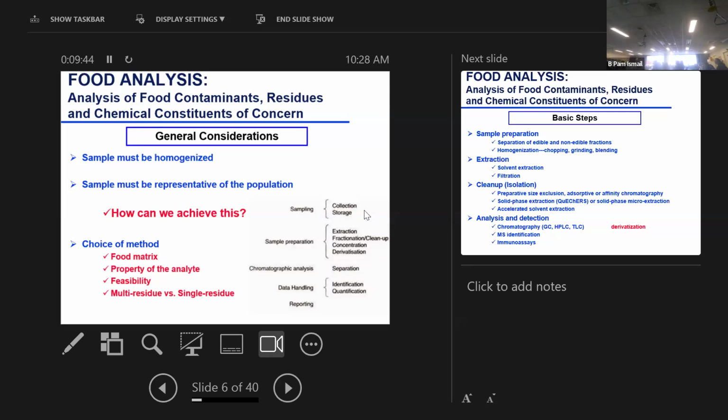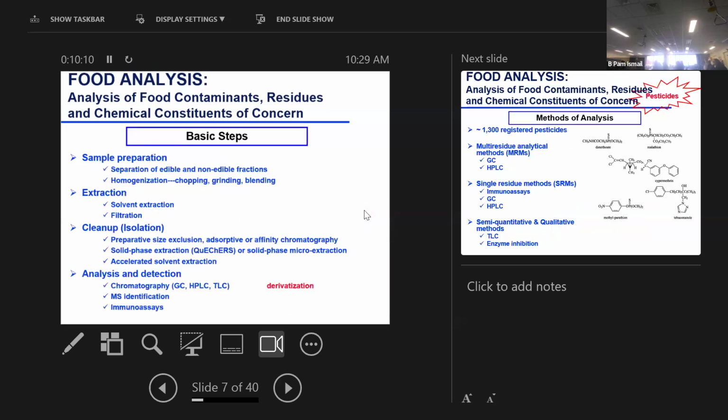So sample preparation depends on the volume of sample and its matrix. Does it have high fat? Do we need to remove fat first? What kind of solvents do we need to use? So there is a lot of homework we need to do before we select the preparation and the analysis. Then we do data analysis.